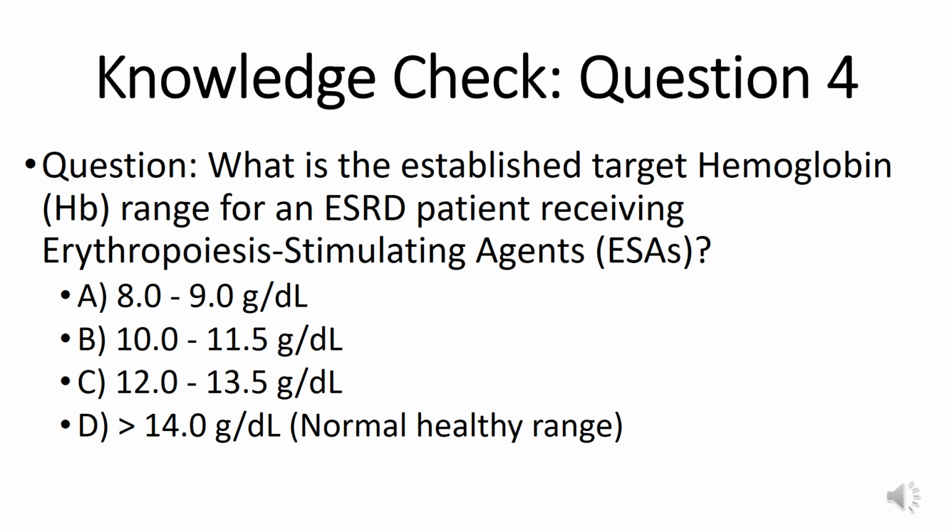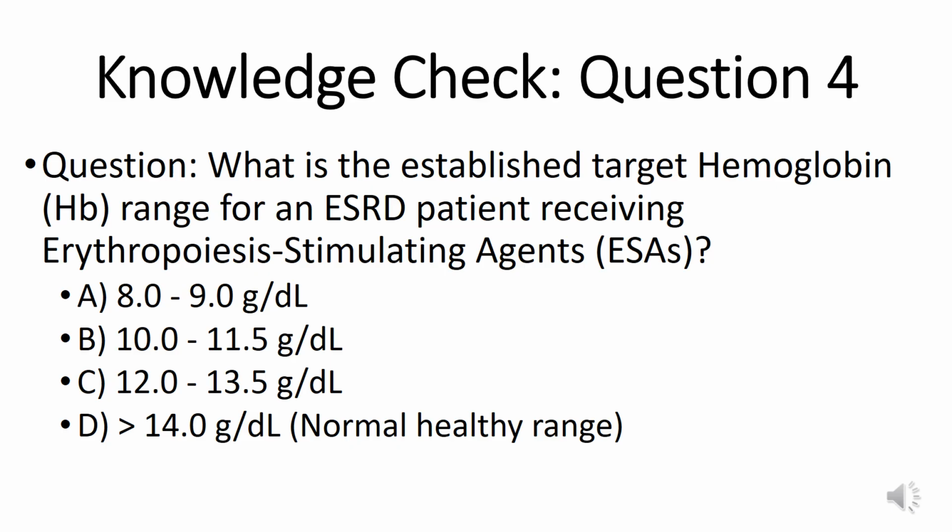The goal of treatment is not to restore hemoglobin to completely normal levels. Instead, therapy aims to improve symptoms while minimizing complications associated with excessive hemoglobin correction. Current practice targets a hemoglobin range of approximately 10 to 11.5 grams per deciliter.